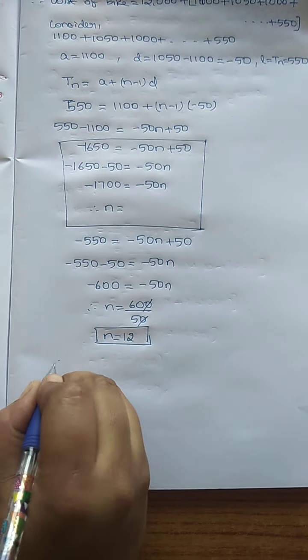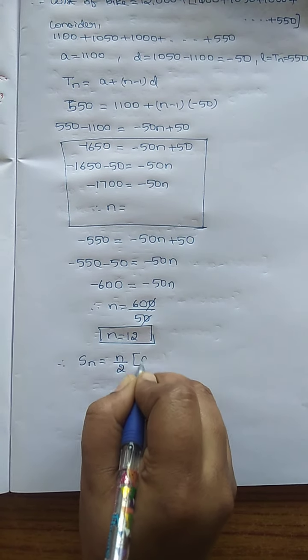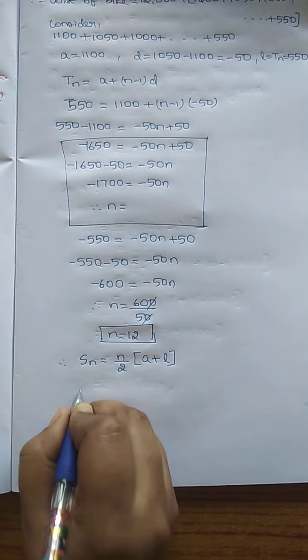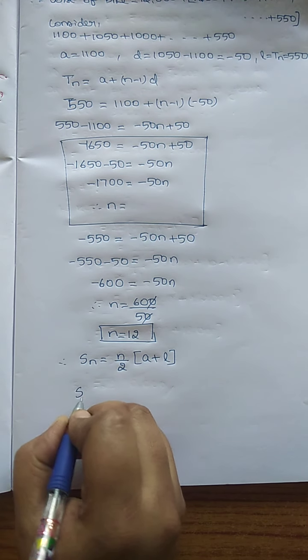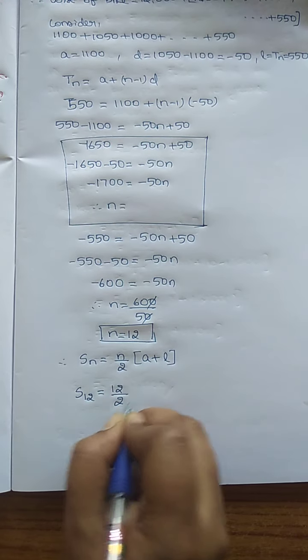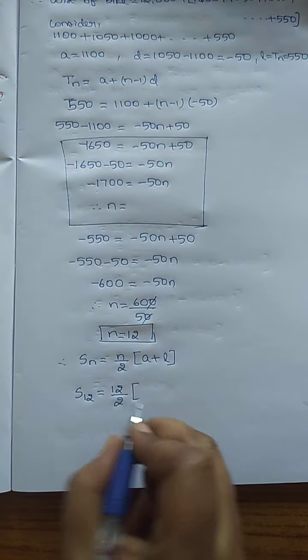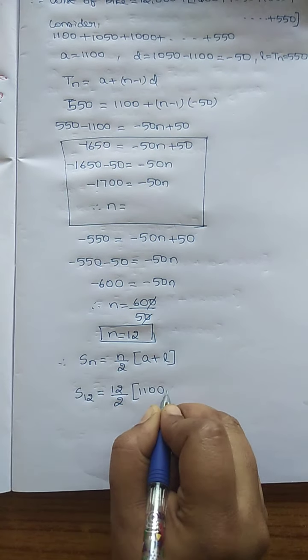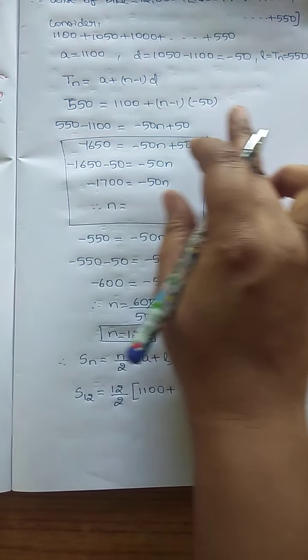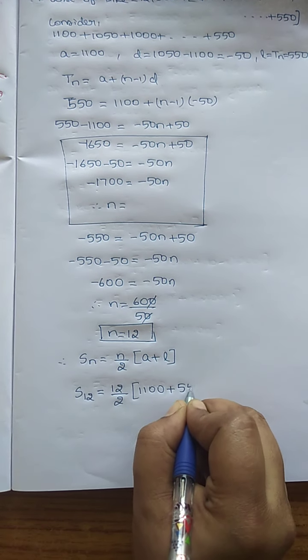Therefore Sn equals n by 2 into A plus L. S12 equals 12 by 2 into A plus L. A value is 1,100 plus L value is the last term, that is 550.